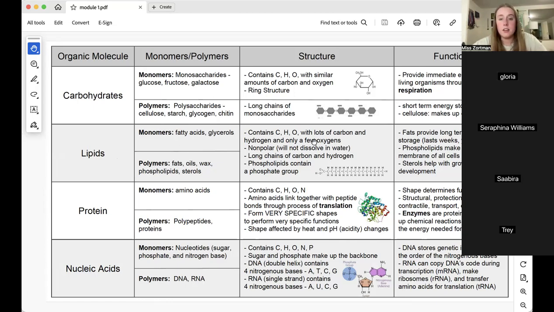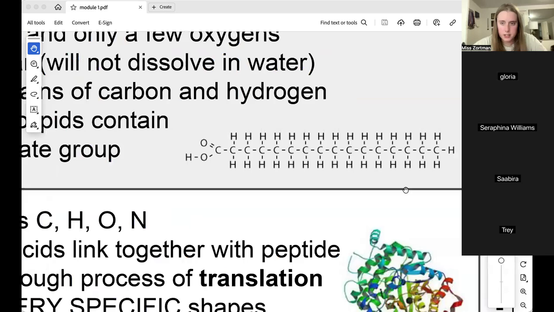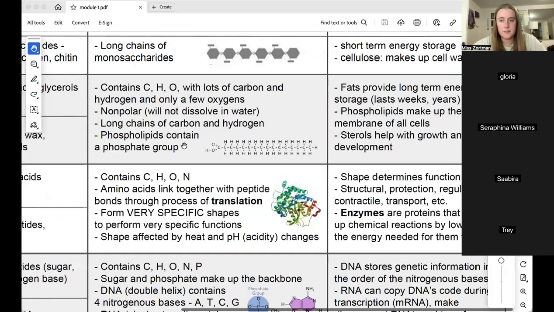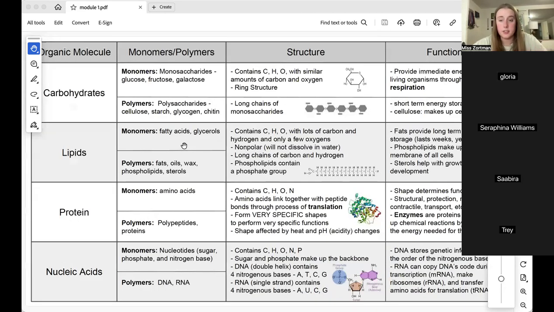Usually these are just repeating chains of carbon and hydrogens, as you can see here, very tiny. So just carbon and hydrogens all the way down the chain, and then usually there's a glycerol here. The function of lipids or fats is long-term energy storage, so that when you run out of energy from things like carbohydrates, you can still make ATP and have energy to pull from.